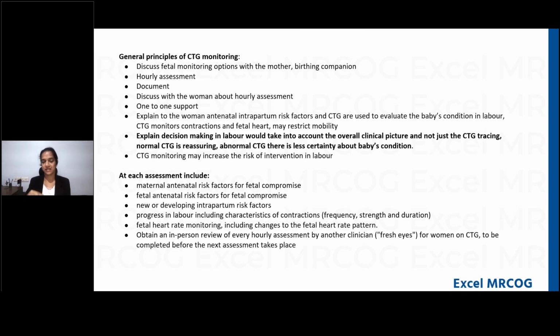This is what is mentioned in the NICE guidelines, that you involve another clinician for the review of the CTG. Now, you will not have time to say all these points in the station. This is for your knowledge, but I would highlight the general principles mentioned here, and you need to briefly say those when you're doing the teaching station.